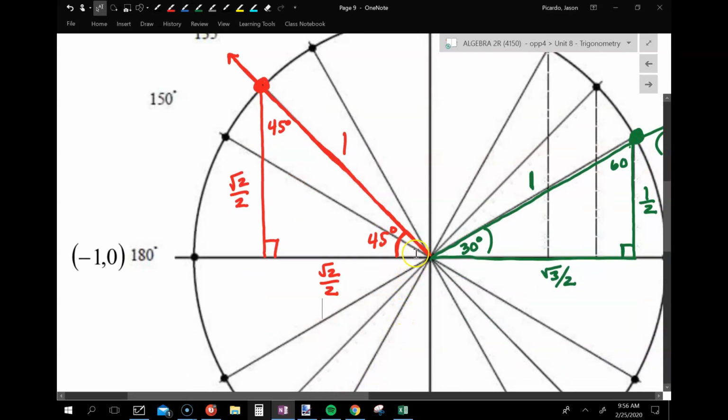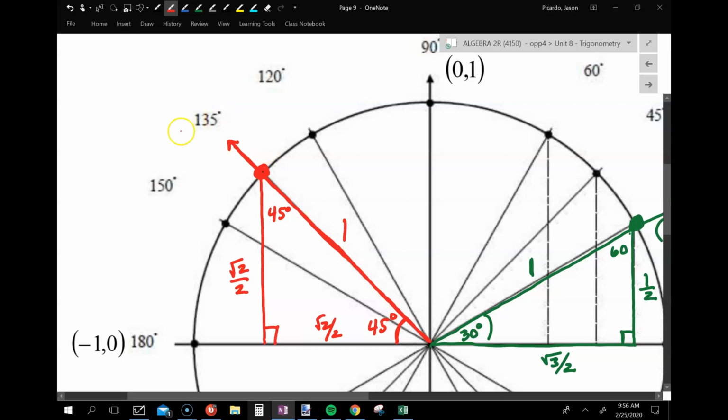Can I label this point up here now? Okay, how do I get there? Starting from the origin, do I move left or right? I move left. How far do I move? Radical 2/2. But since I move to the left, it's negative.